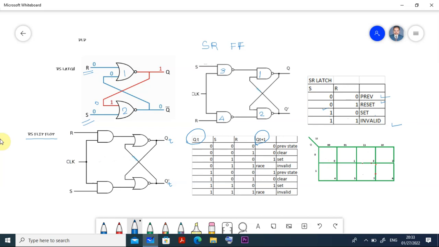Reset means Qt will clear and become 0. Now when S is equal to 1 and R is 0, the output Qt plus 1 will change to 1. And if both are 1, it becomes the invalid state.